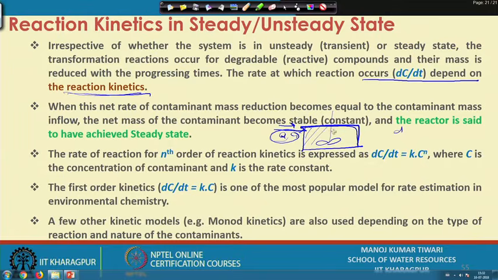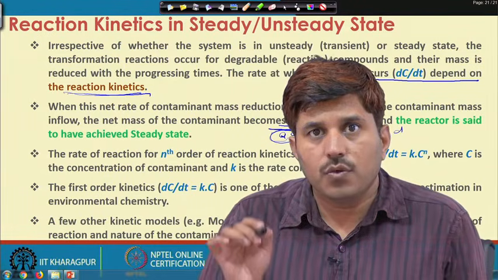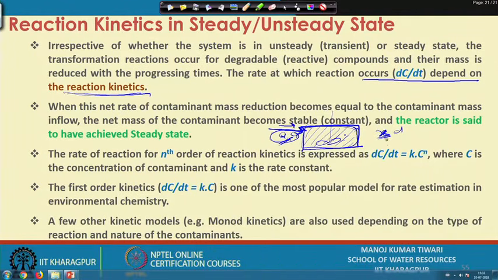So, let us say in the overall control volume, x amount of the contaminant is getting destroyed in a unit time. So, x amount is entering and x amount is getting destroyed. When these two rates become the same, the amount entering the system and the amount being destroyed in the system become the same.